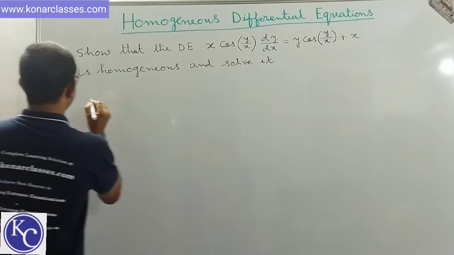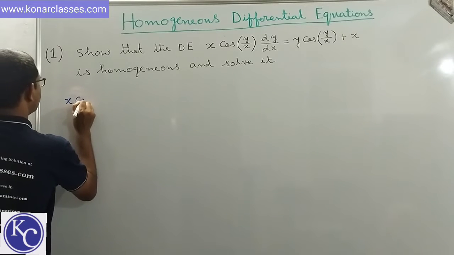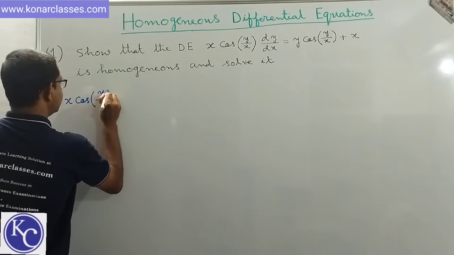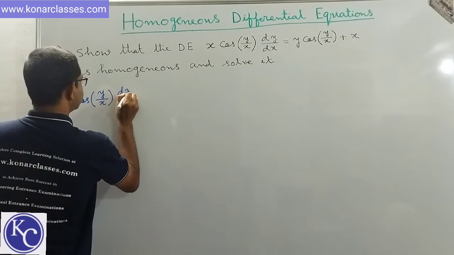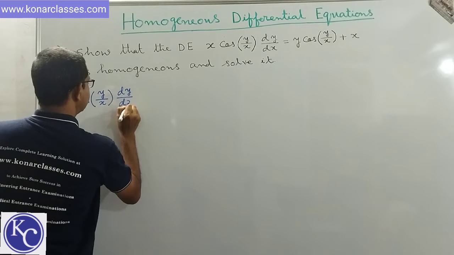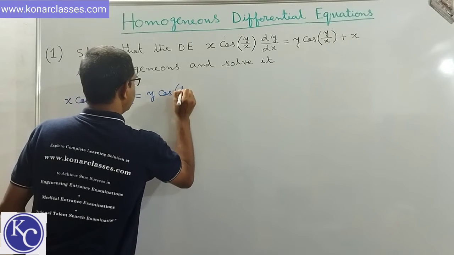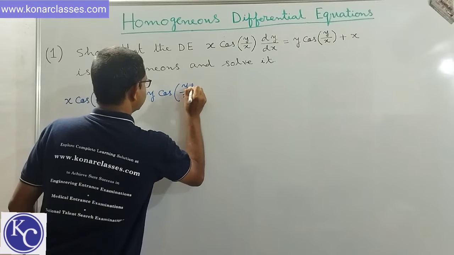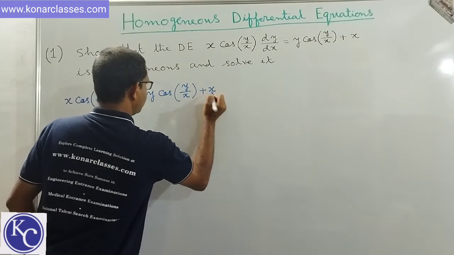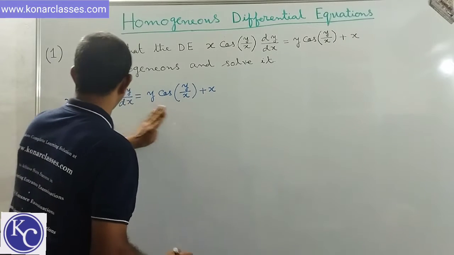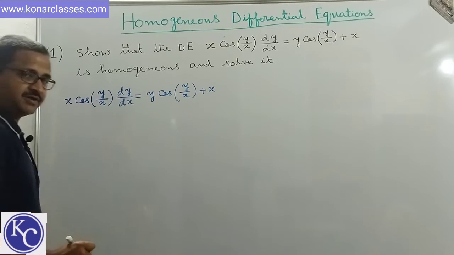It is given that x cos(y/x) dy/dx is equal to y cos(y/x) + x. What we are going to do? We are going to divide both sides by x cos(y/x).